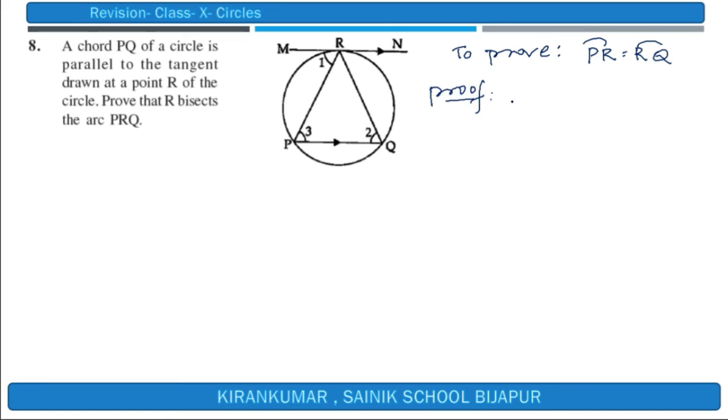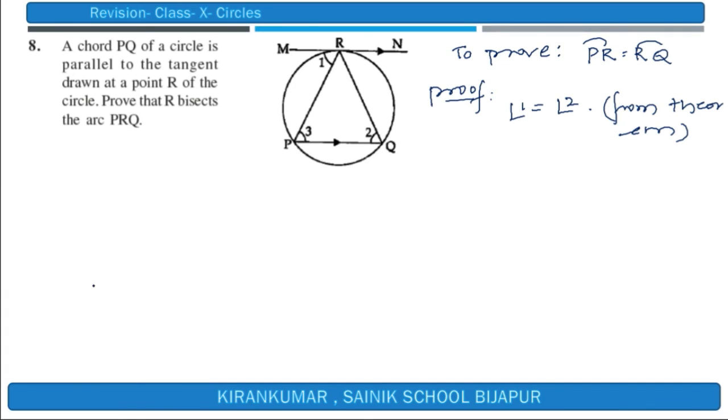Look at the chord PR. The chord PR subtends angle 1 with the tangent MN. So I can say that angle 1 is equal to angle 2 from the theorem.